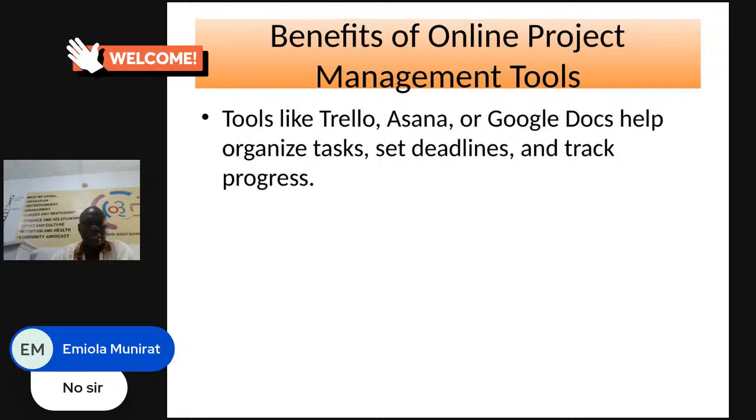For example, tools like Trello, Asana, Google Docs will help you to organize your tasks, set your deadlines, and track your progress. You should be able to know all this. Now, you can make use of ChatGPT to tell you how you can use Trello for your projects as your project management tool.